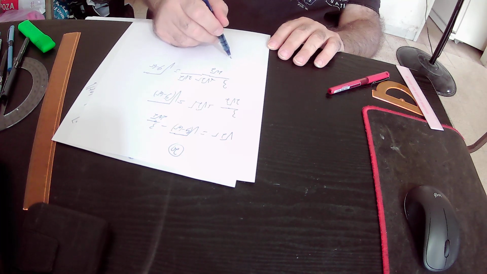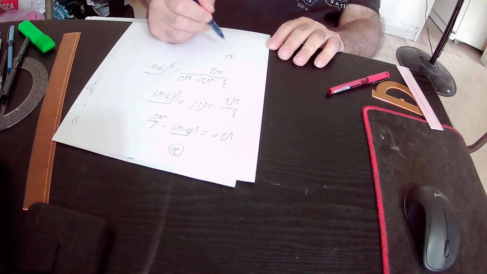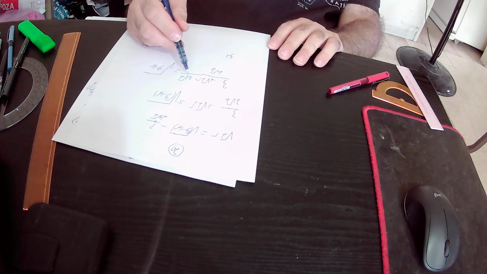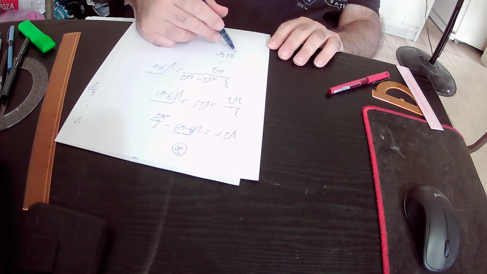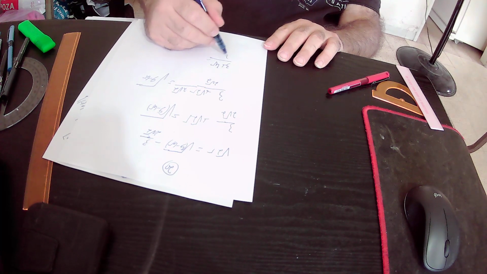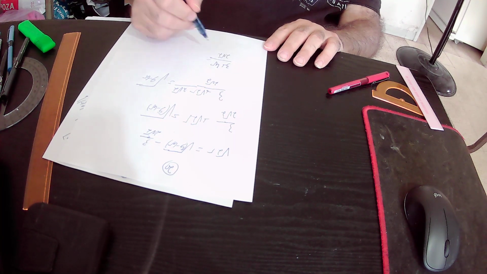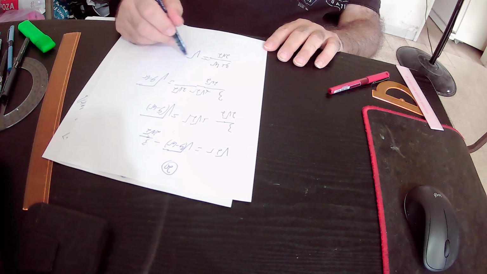So 3 over root 2 times root 2 is 2, and 2 times 2 is 4. So in total we got 4R over 2 times root 2 equals the root of 9 minus 6R.